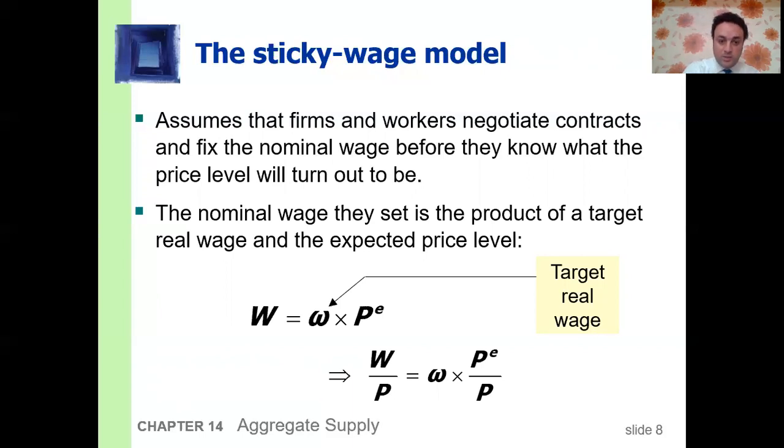So the nominal wage, W, is the product of a target real wage, which is this small w, and the expected price level. Okay, the nominal wage will be the product of the target real wage multiplied by the expected price level.